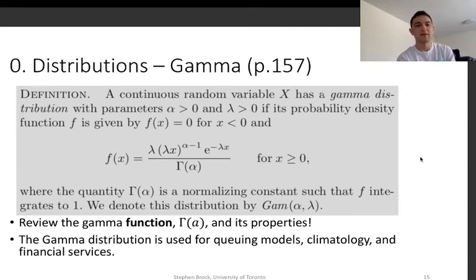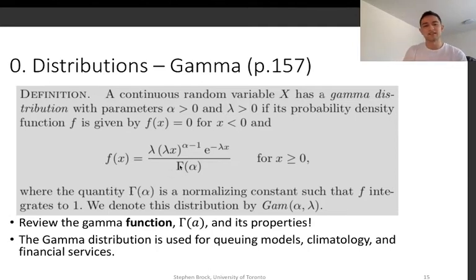All right, moving on to the gamma distribution. By definition, a continuous random variable x has a gamma distribution with parameters alpha greater than 0 and lambda greater than 0 if its probability density function f is given by f of x equals 0 for x less than 0, and f of x equals lambda times x to the power of alpha minus 1 times e to the negative lambda x, over gamma of alpha, for x greater than or equal to 0, where the quantity, I believe this is the capital gamma letter, I'm not sure, probably double check that.